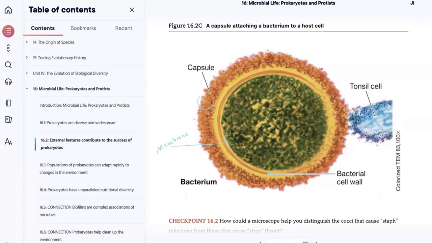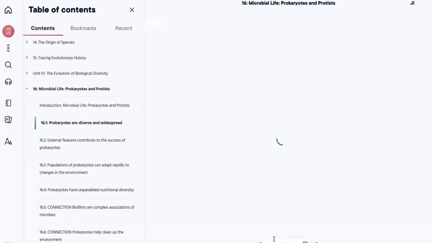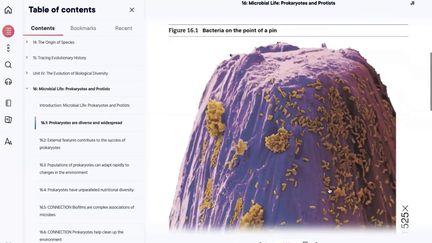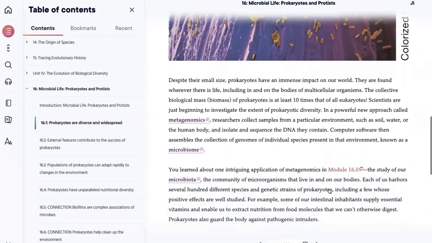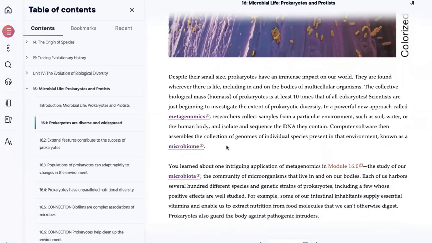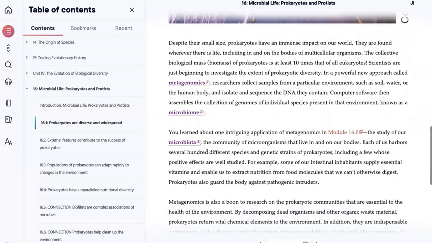Okay. Now, in the section of the textbook that we skipped, which is 16.1, I want to give that a quick point out. It talks about the ecology of prokaryotes, and it mentions something that is going to be of some importance to us, and it talks about the microbiome. Right?